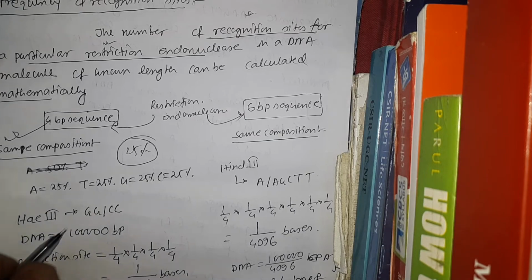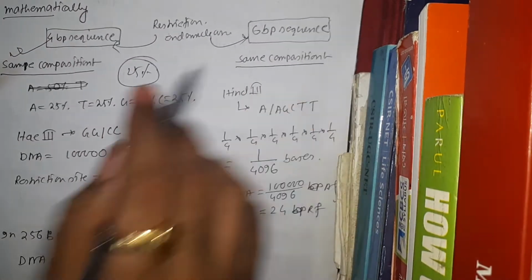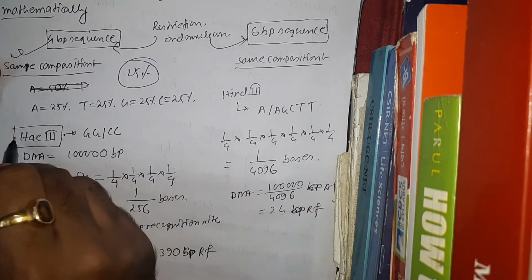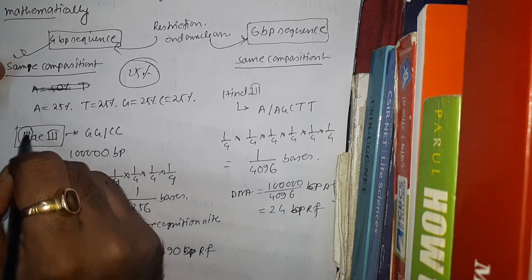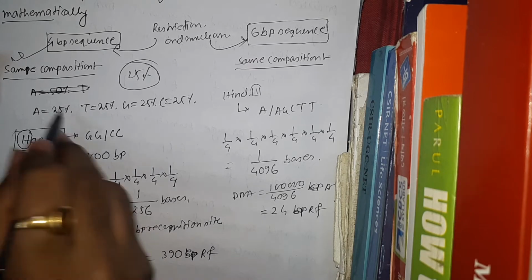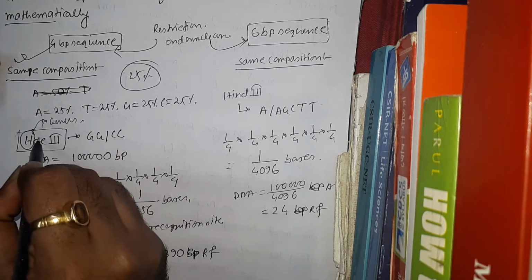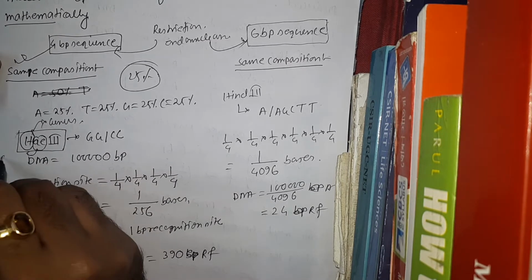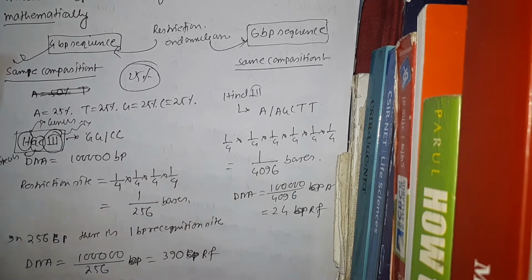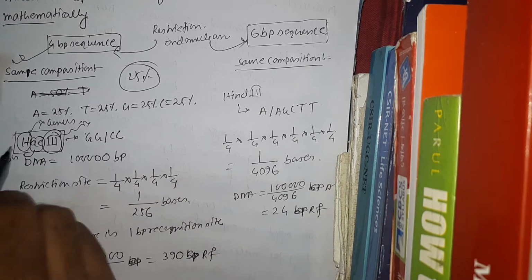Now suppose this is the restriction endonuclease HaeIII. Let us revise how we nomenclature a restriction endonuclease. In HaeIII, H is the genus, a and e are the species, and III is the order of the enzyme isolated, or purified, from that particular bacterium.